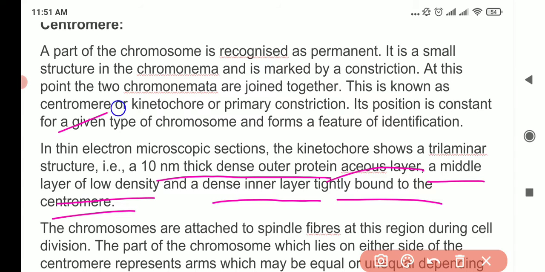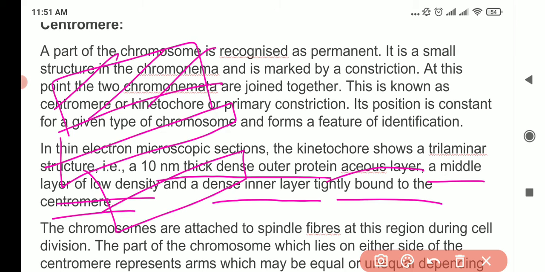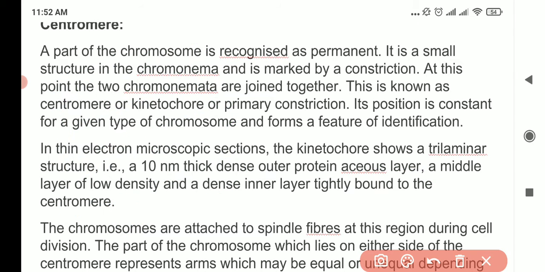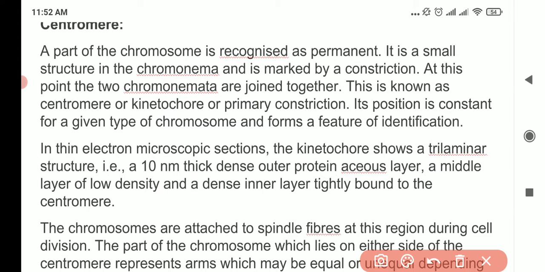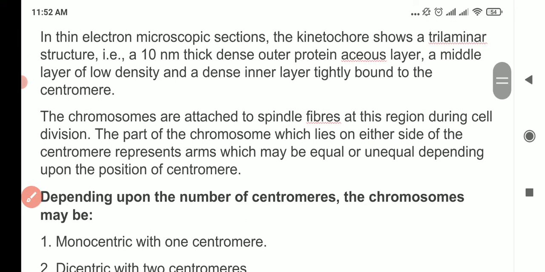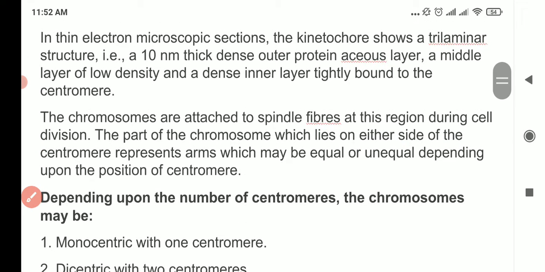Thick outside, thick inside, and a thin middle of low density. They attach to the spindle fiber at this region. Obviously, you already know it's the centromere that attaches to the spindle fiber during cell division.